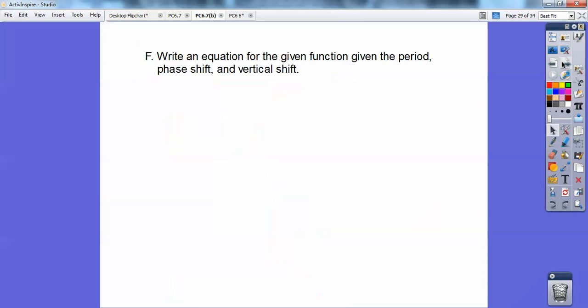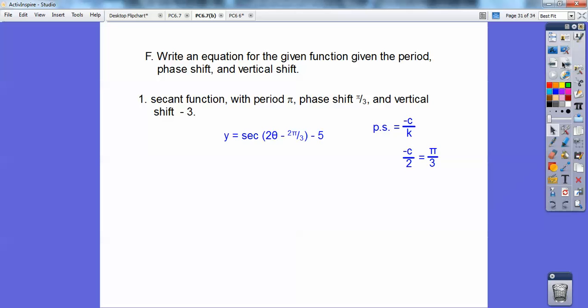All right, write an equation for the given function given the period, phase shift, and vertical shift. This is a secant function. Period is pi, so that means there's going to be a 2 in front of the theta. The phase shift is pi/3, and the vertical shift is -3.